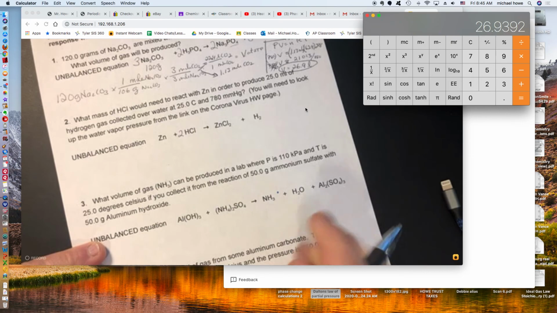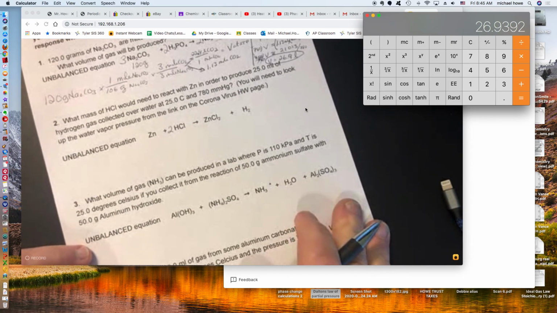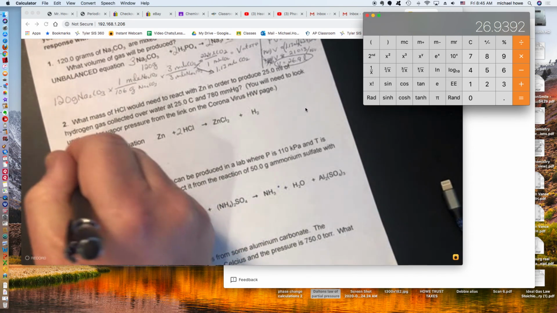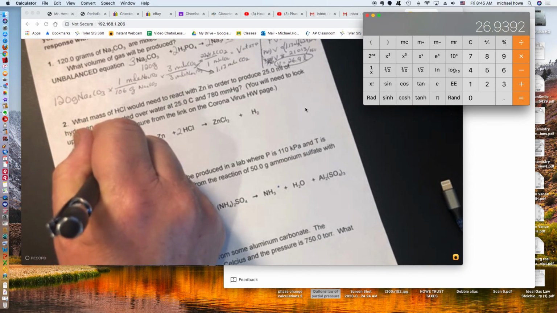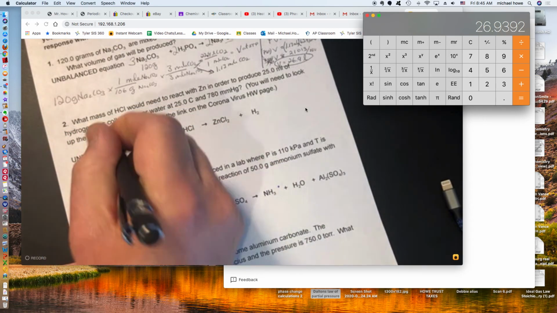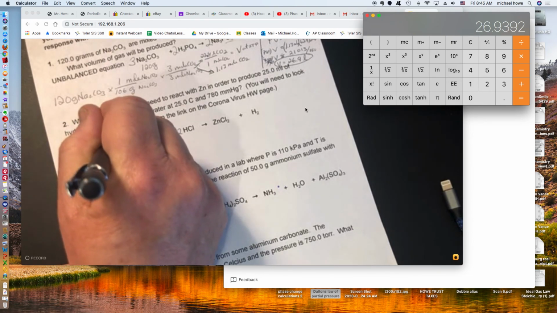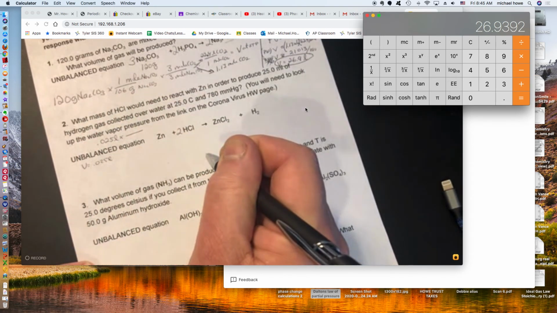All right, so what are the 3 steps? Again, you have to change to moles. But this time we have 25 milliliters, which is 0.025 liters. So our volume is equal to 0.025 liters. One way you could change to moles is to take the 0.025 liters and change that to standard conditions.